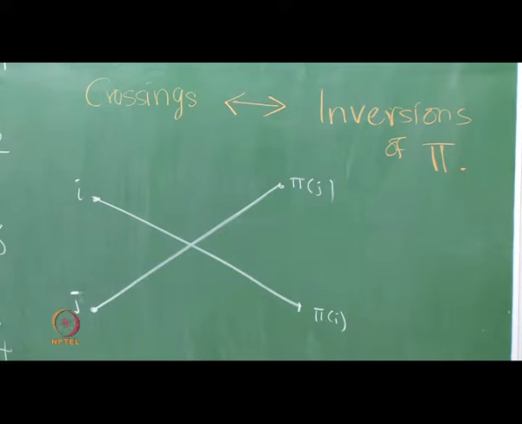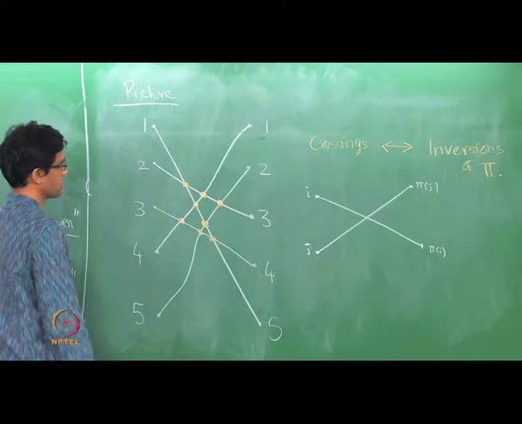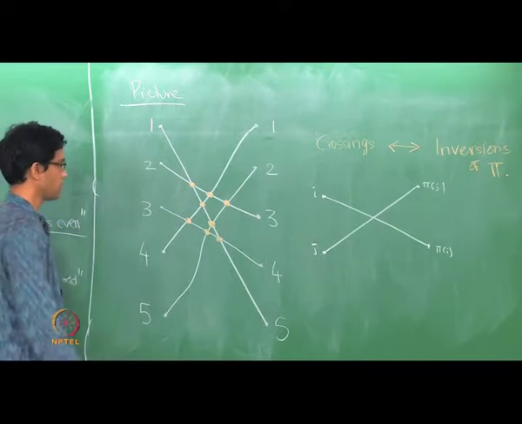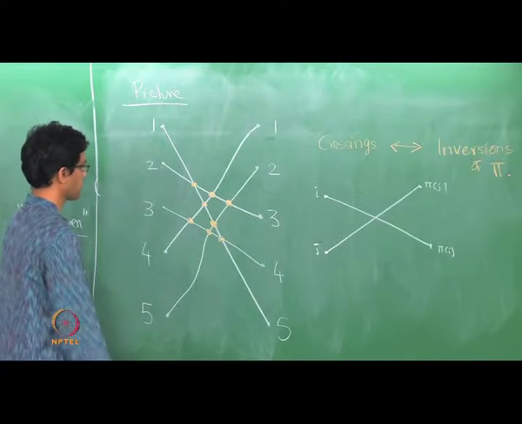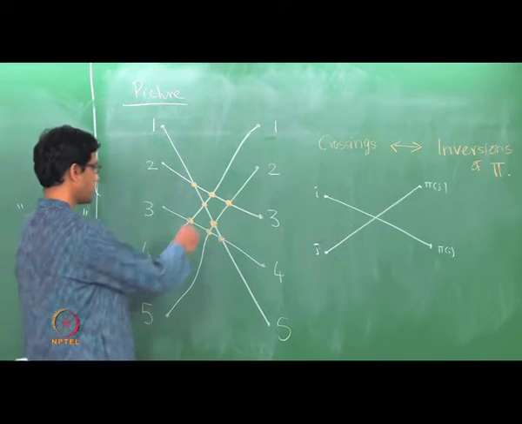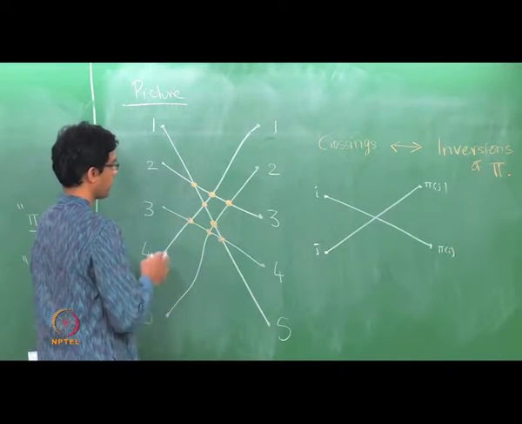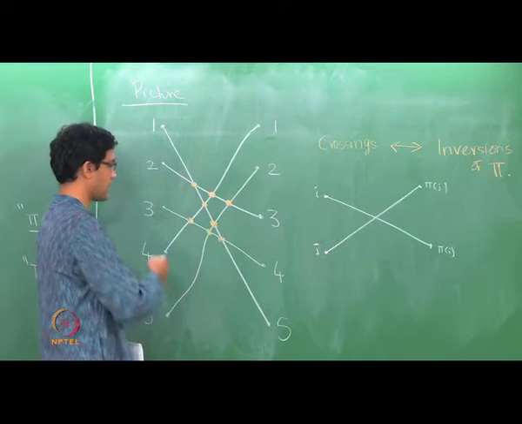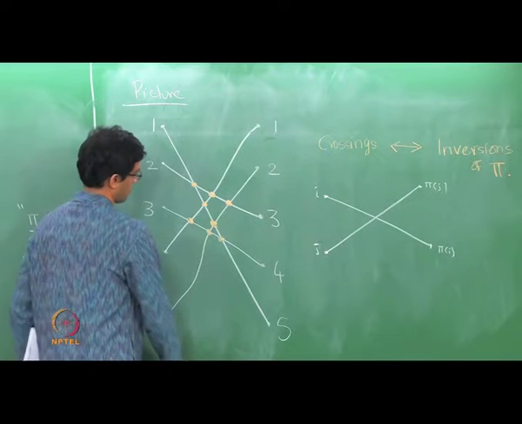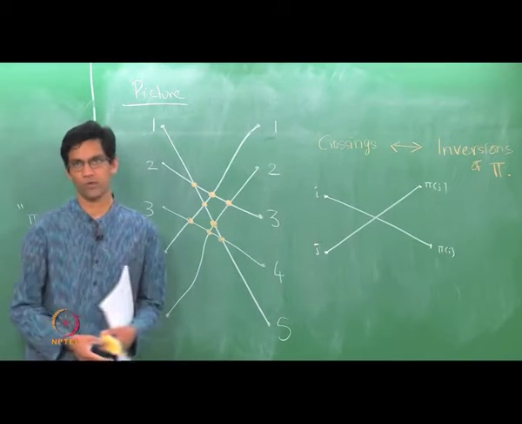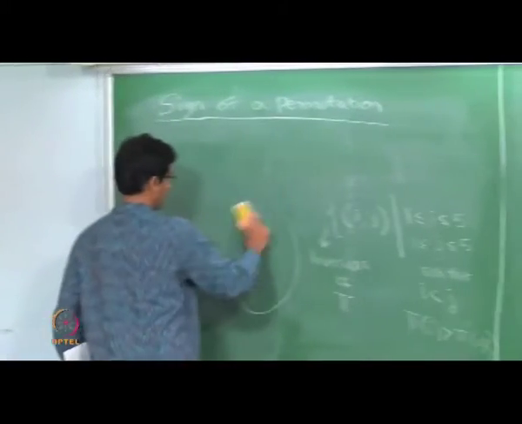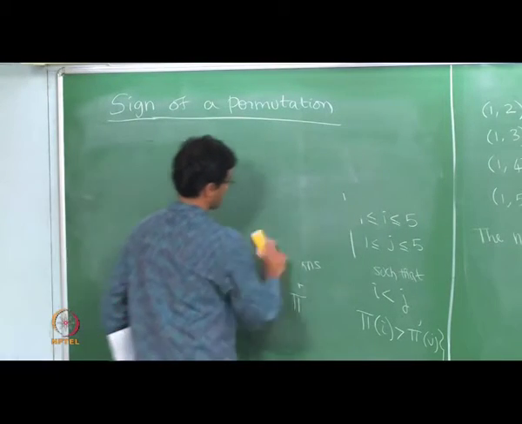So counting the number of crossings in these kinds of diagrams is the same as counting the total number of inversions of pi. Now there is just one little thing one will have to worry about. When drawing these diagrams, you should take care not to draw them in such a way that 3 lines or more than 2 lines intersect at a point.